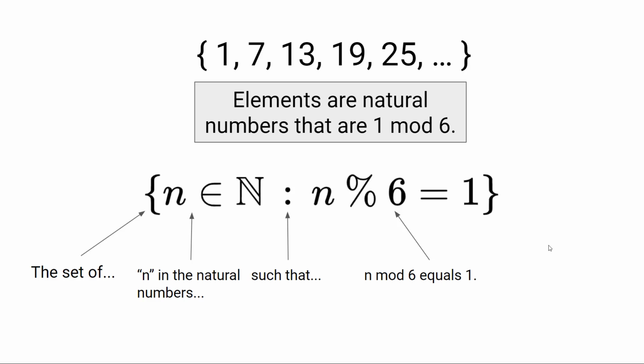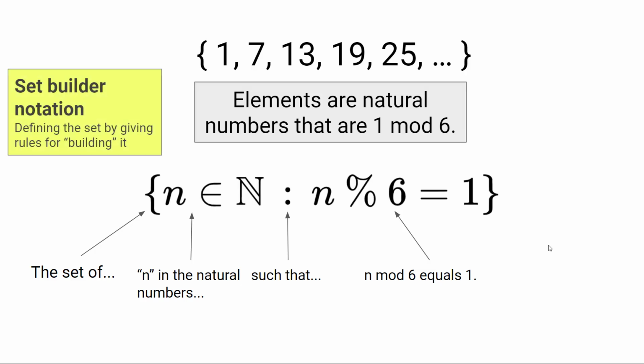That's an economical way of writing the set we started with that specifies the elements of the set not by listing them, but by giving the requirements for membership. This kind of notation is called set builder notation. In set builder notation, instead of listing the roster of elements, we build the set by stating the rules for membership.